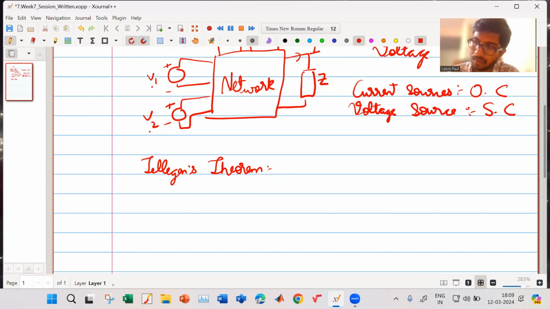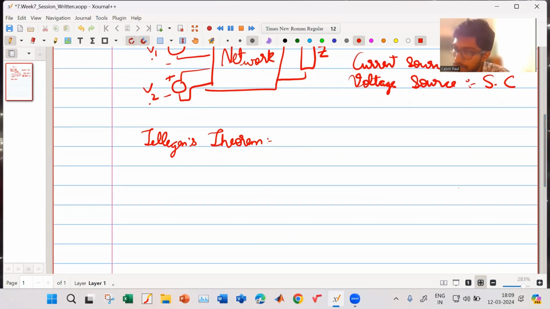If two circuits have the same topology, then the sum of the products of the branch voltages of one circuit with the corresponding branch currents of the other circuit must be equal to 0.